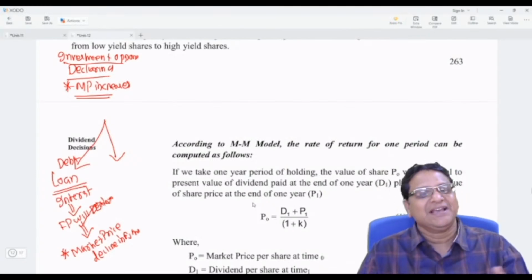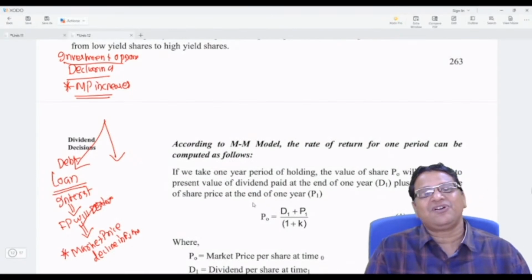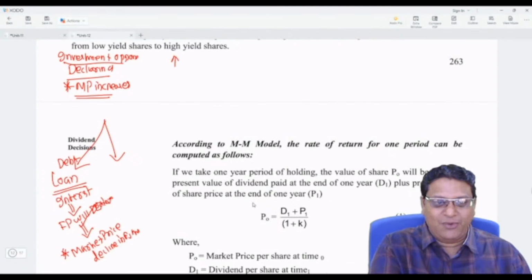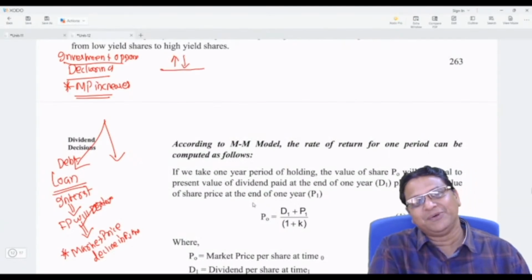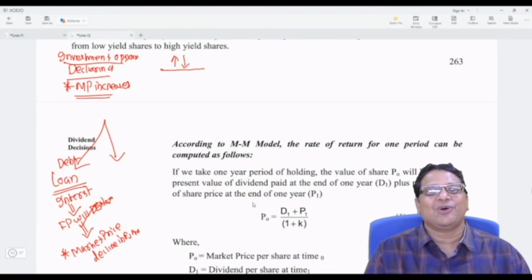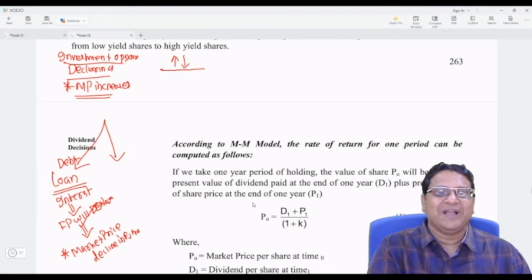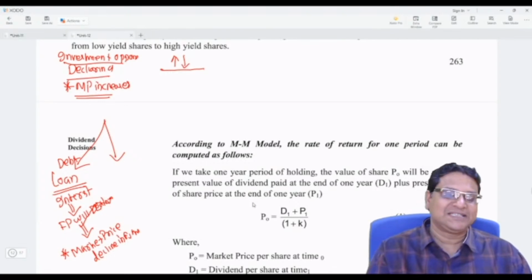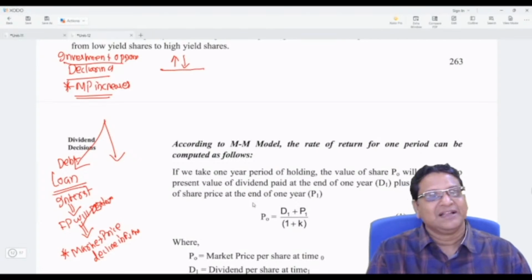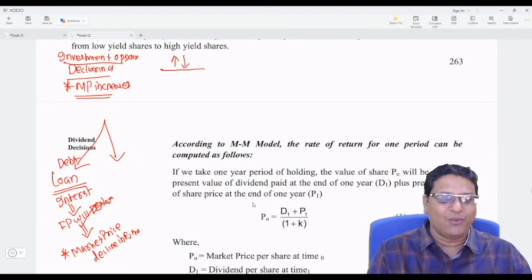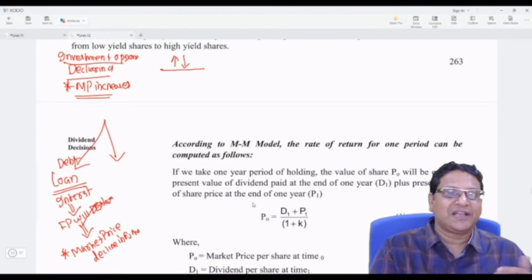So ultimately the dividend policy does not affect the value of the firm. That means if there is an increase now and a similar amount of decrease, then the firm's value remains constant. It does not affect the value of the firm. So first case, if a firm has investment opportunity and declares dividend, market price increases now, in future it has to take loan.